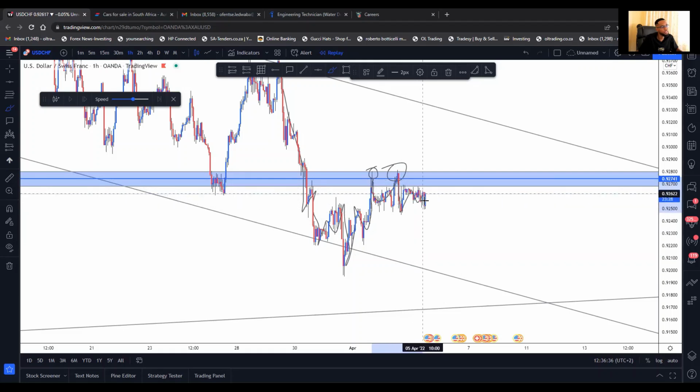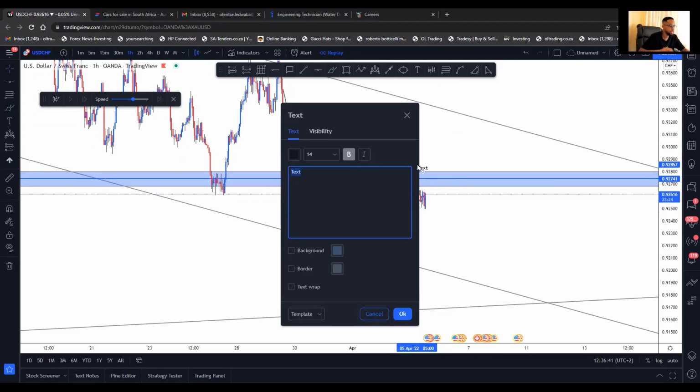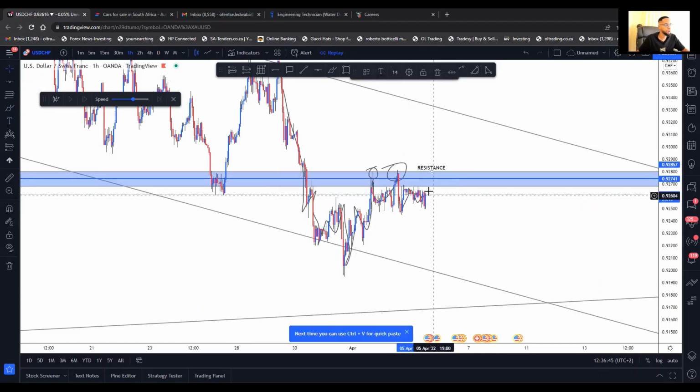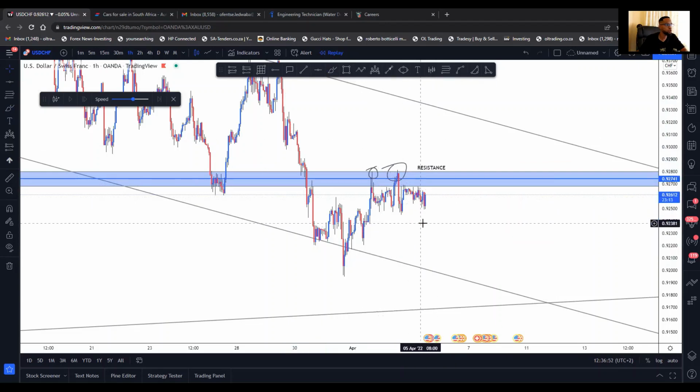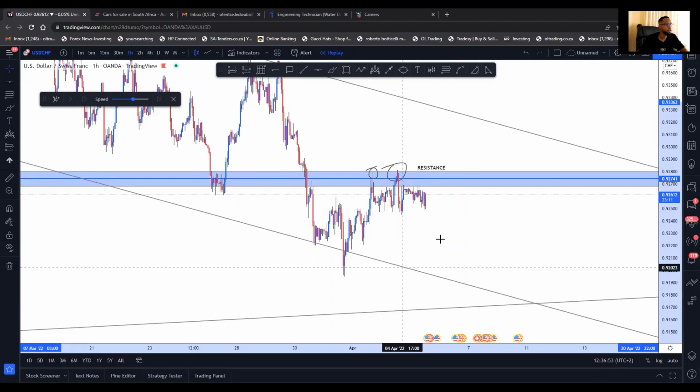So we are still below this, which now becomes our resistance. Hence it will be my reason to keep selling, because we are still below this area.